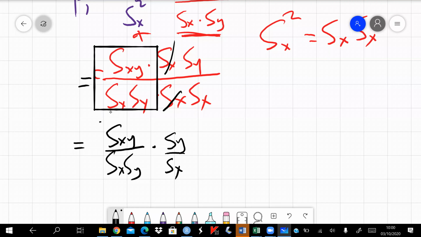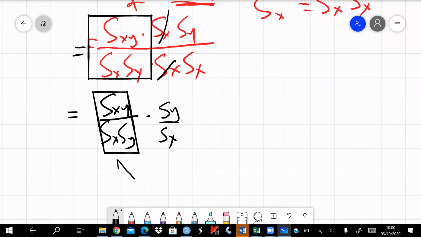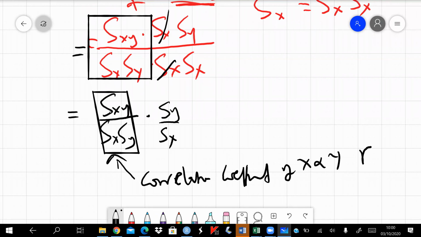And what is this? That is actually the definition of the correlation coefficient of x and y. That is R of xy. So we can say this is the same as R of xy multiplied by s of y over s of x.